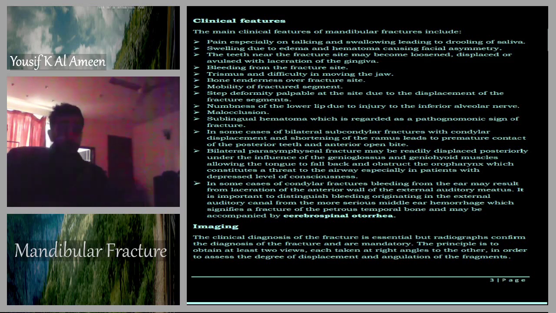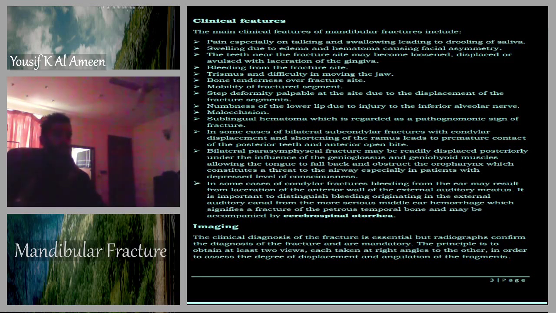There are many clinical features of the fractured mandible. The main clinical features include pain, especially on talking and swallowing, leading to drooling of saliva, swelling due to edema and hematoma, causing facial asymmetry. The teeth near the fracture site may become loosened, displaced, or avulsed with laceration of the gingiva.